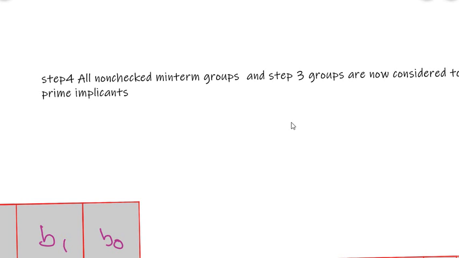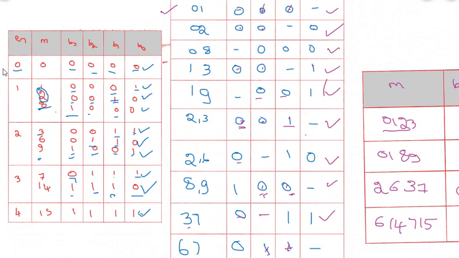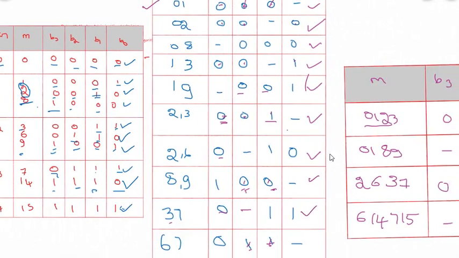From that table we will check which prime implicants we will take as the grouping part. If you take the group 1 table here, all terms are used in table 2, so all are tick marked. So we will go to group 2.